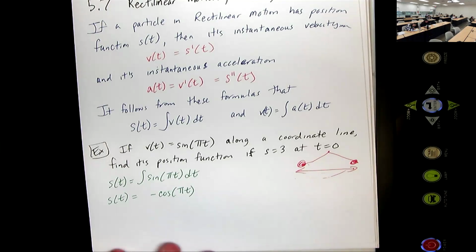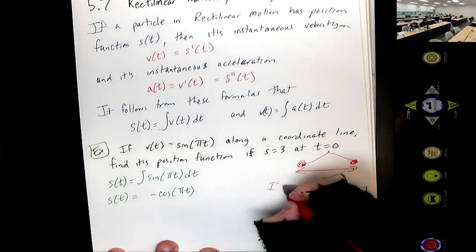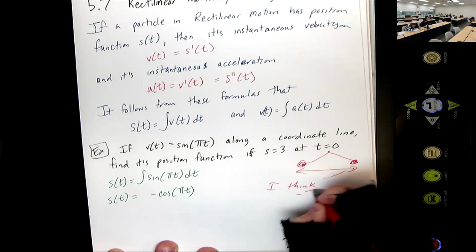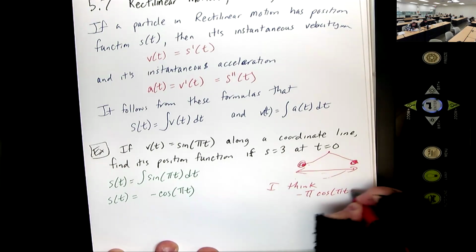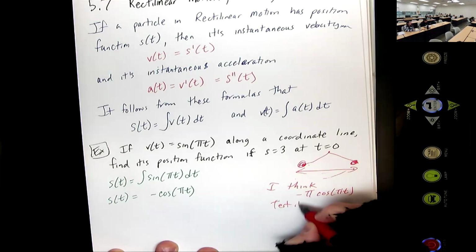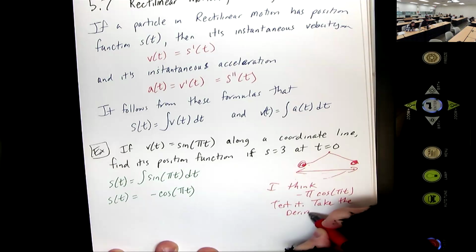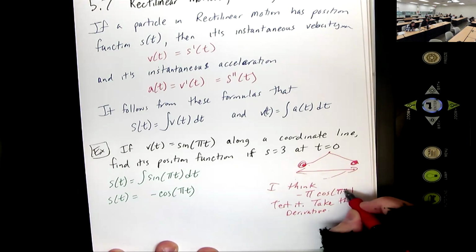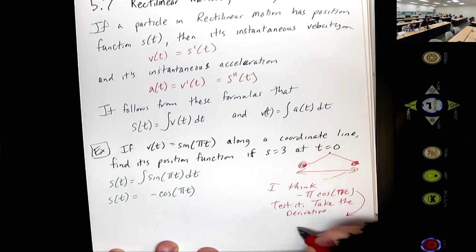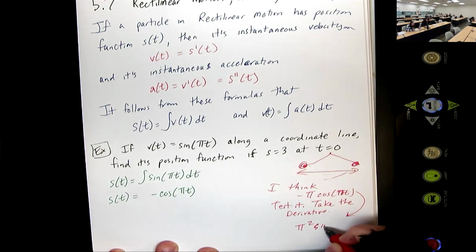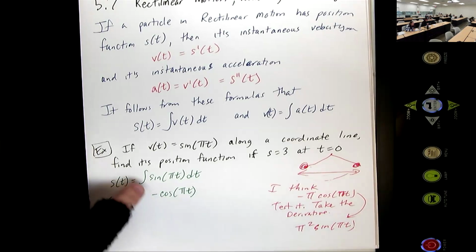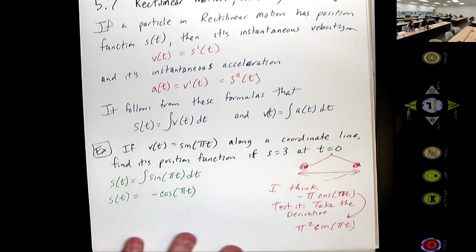If you're not sure, and this is good to point out, if your idea is negative pi cosine pi t, test it. Take the derivative. Taking the derivative of negative pi cosine pi t would give me pi squared sine pi t, which did not get me back to the original value. So this is over pi.